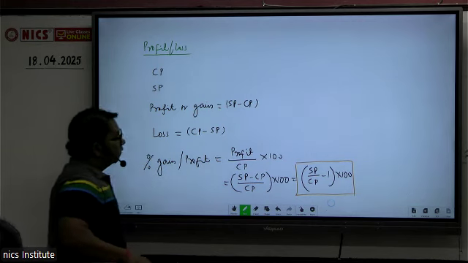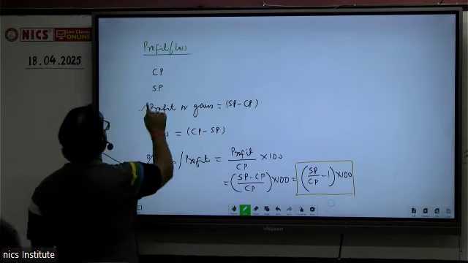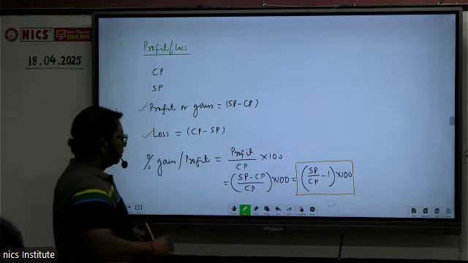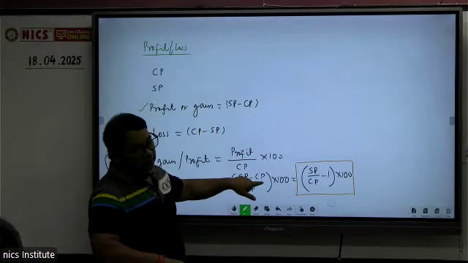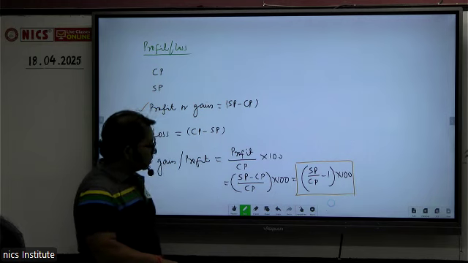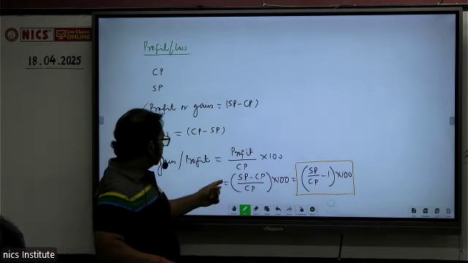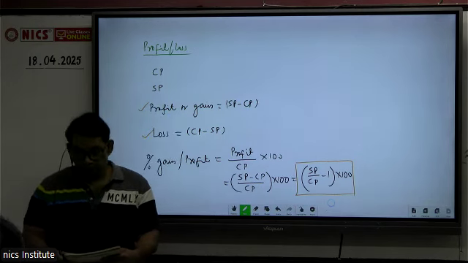That is the only formula we'll be using. If you've been given loss percent, then there'll be a negative sign because I've taken SP minus CP. Loss percentage is given, then take that as minus. Because in the percentage thing, we have taken SP minus CP. If it's loss, it'll be a negative sign.